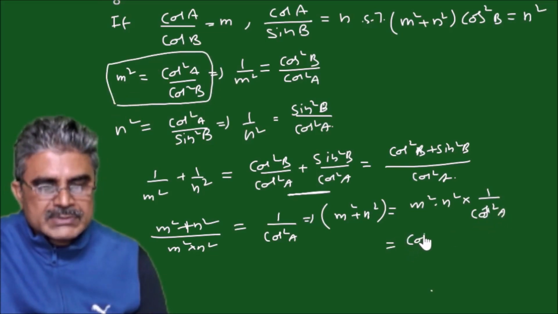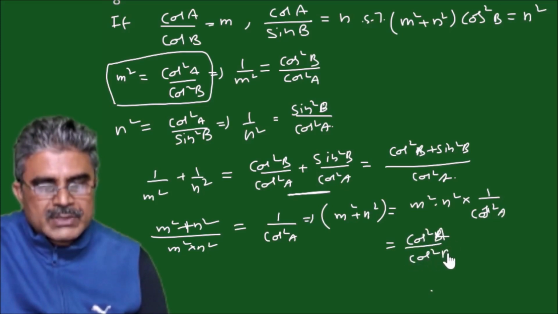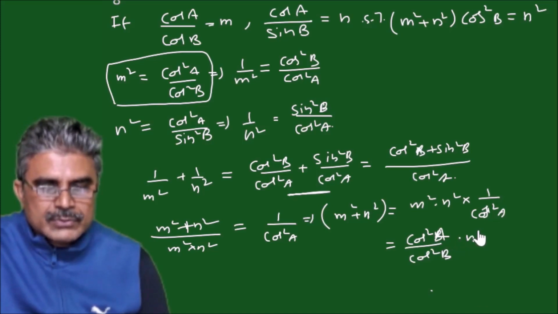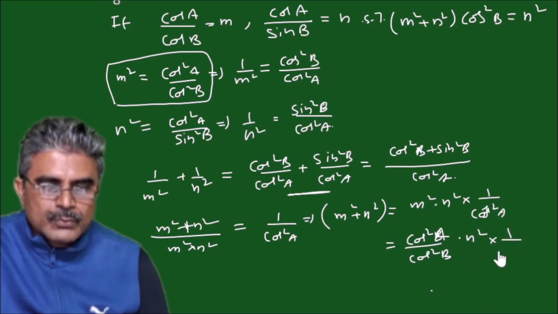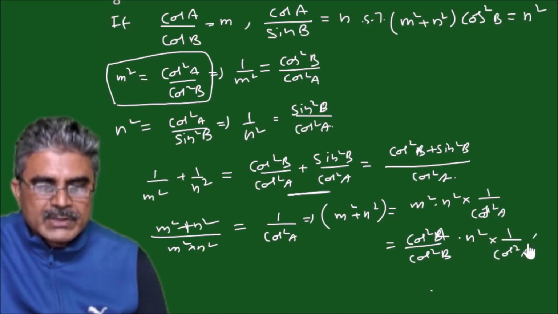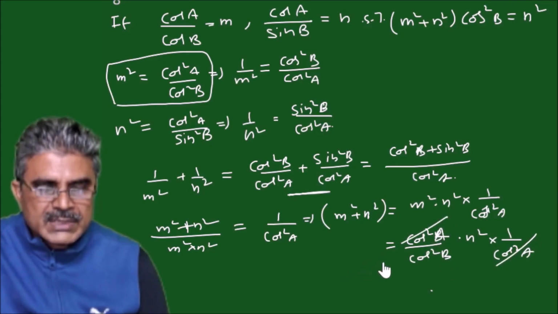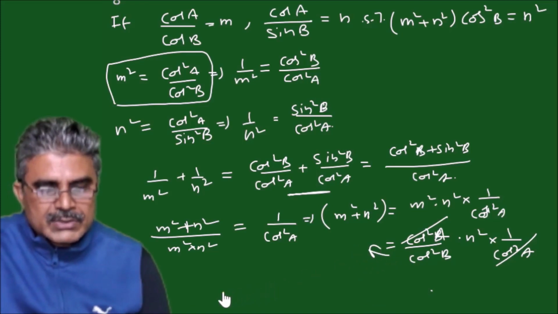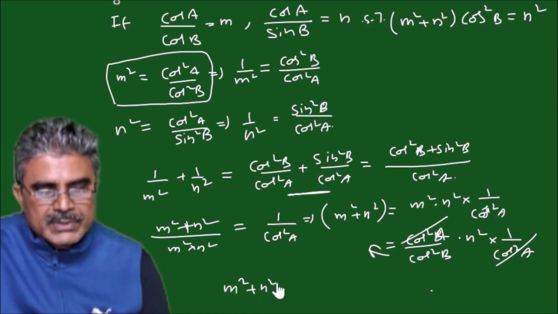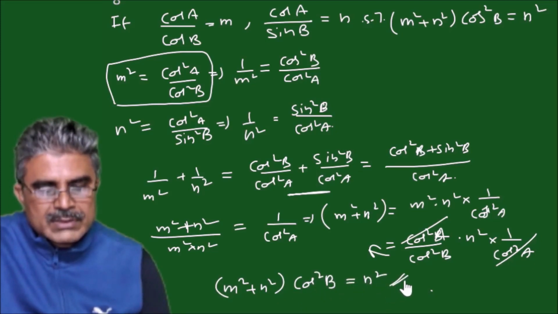M square can be written as cos square a by cos square b into n square into 1 by cos square a. Cos square a gets cancelled. If you bring this cos square b to that side, you will have m square plus n square into cos square b, which is equal to n square. Hence the proof.